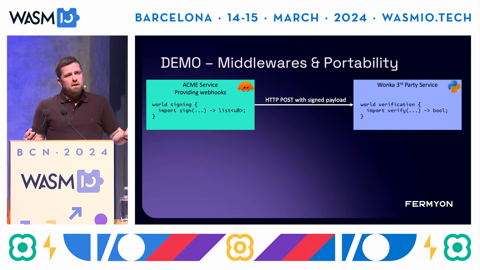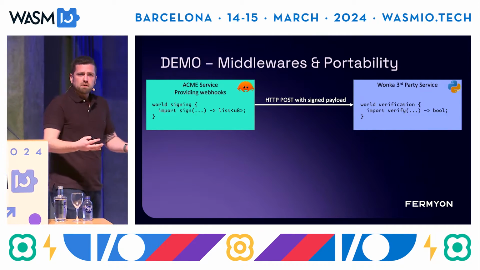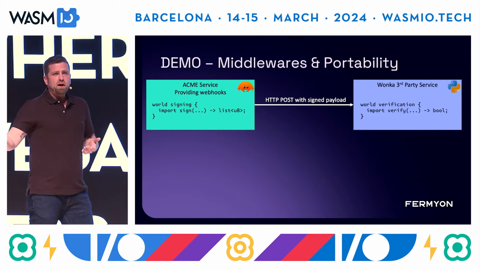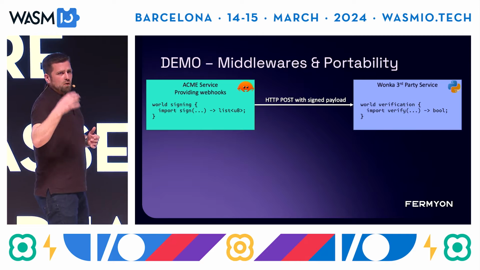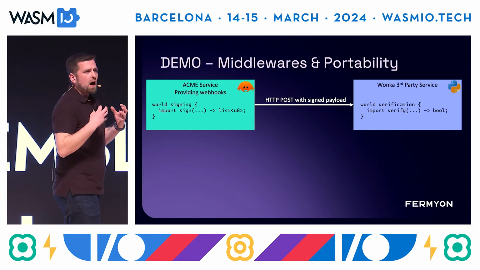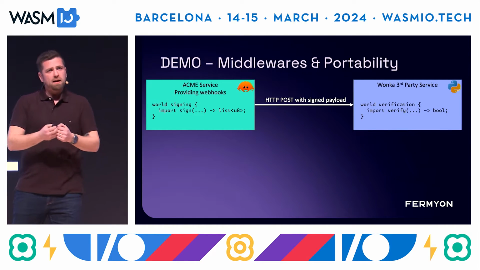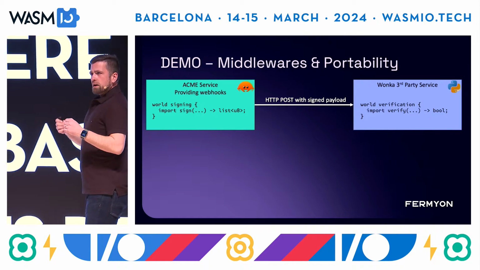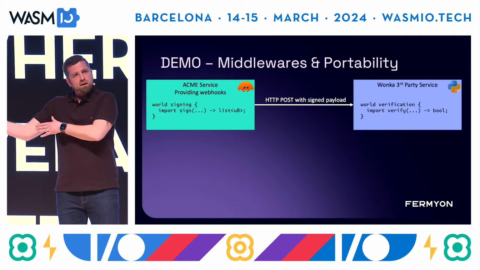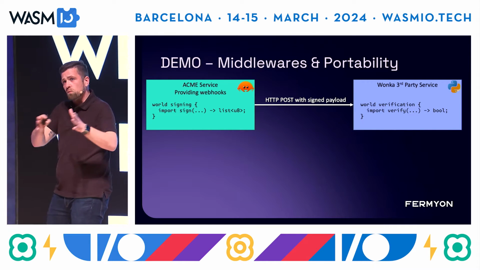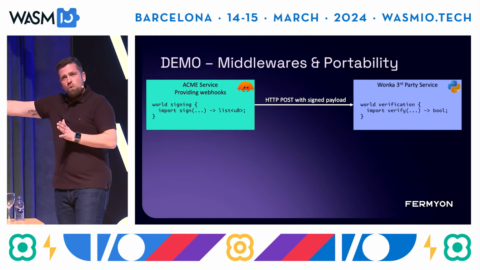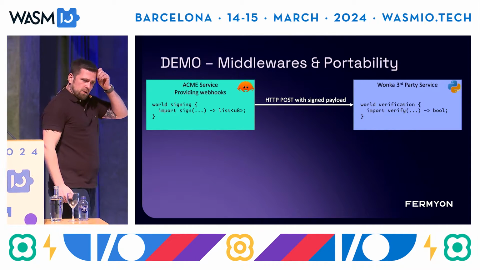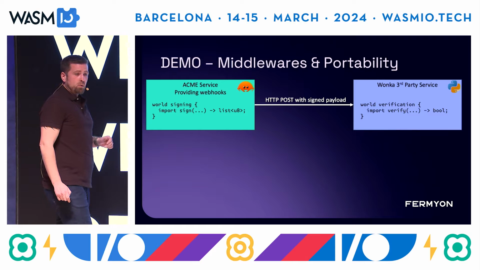So at Acme, they have somehow to sign arbitrary payloads. On the flip side, every consumer of a webhook must somehow be able to verify the integrity of a payload to ensure he or she is not facing a man-in-the-middle attack, for example, where someone modifies data while data is in transit. All right, but you know, product managers at Acme were a little bit smarter.